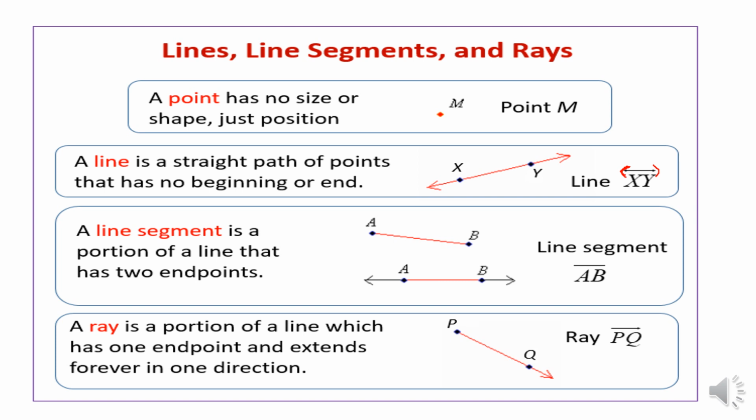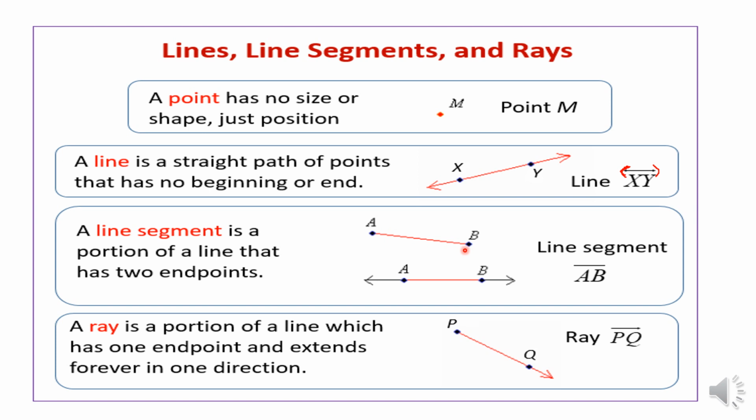Now let's go to the line segment. A line segment is a portion of a line that has two endpoints. Why do we say it's a portion of a line? Because here is my line, for example, XY. If I took only this part from my line, it will give me what we call a line segment.